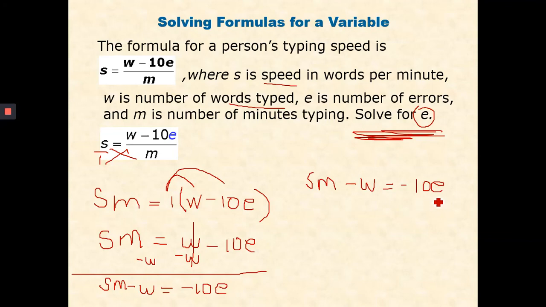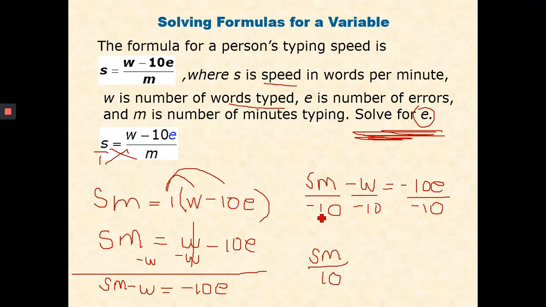The coefficient should be positive 1, meaning we're going to divide each side of the equation by negative 10. Okay? So, it would be better for us to divide each term by negative 10. Okay? So you now have, we cannot divide SM by 10, so you're just going to copy SM over 10.